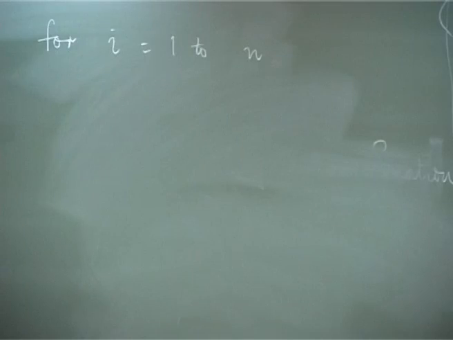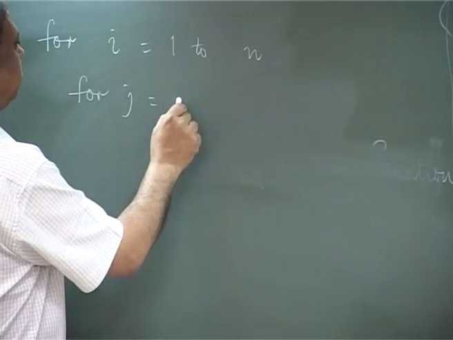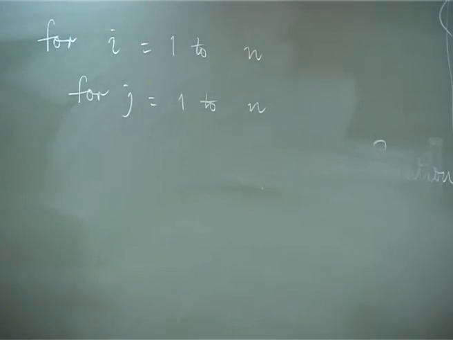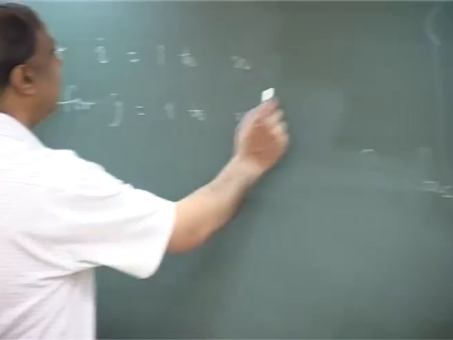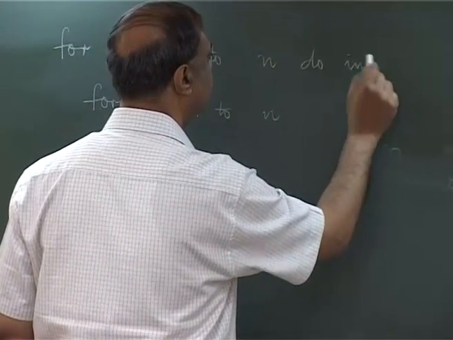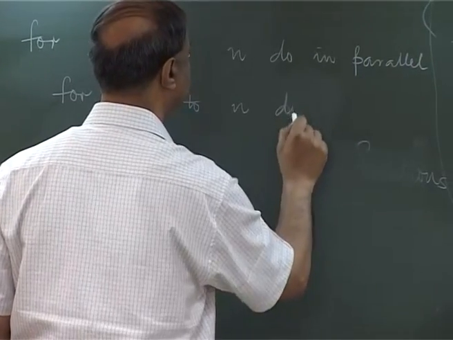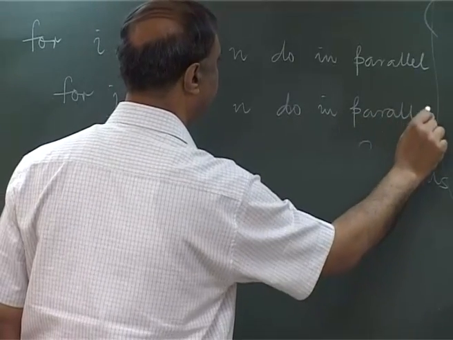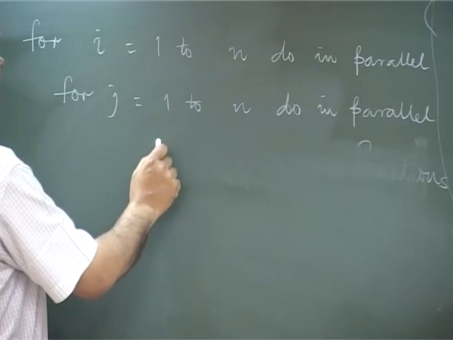So for i equals 1 to n, for j equals 1 to n, because you are making busy all the processors, for rotate up and rotate left, I can write do in parallel. So each processor does what?